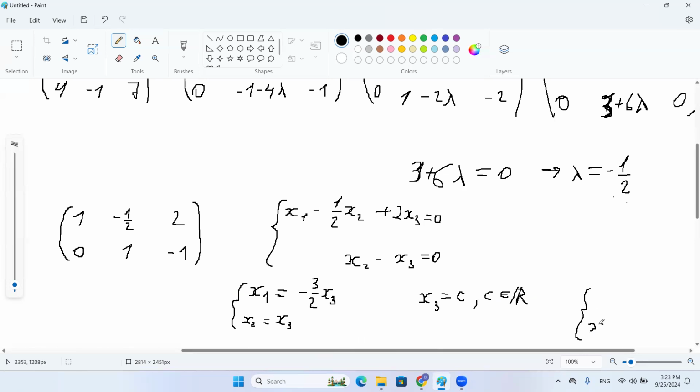So x2 equals C, and x1 equals minus 3 seconds C. So the free variable can take any values, and basis variables depend on the free variable.